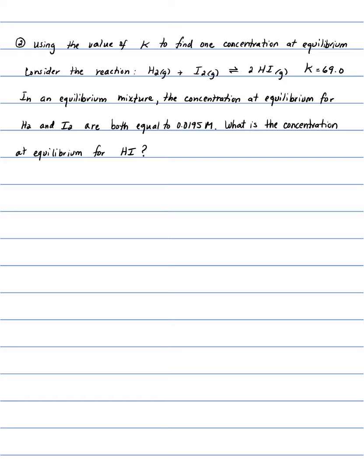In the problem, you have a numerical value for K. You are given the concentrations at equilibrium for a reactant H2, a second reactant I2, and what you're trying to calculate is the concentration at equilibrium for HI. So we have identified the information that is given and what we're trying to calculate.